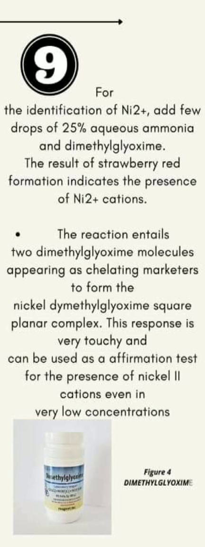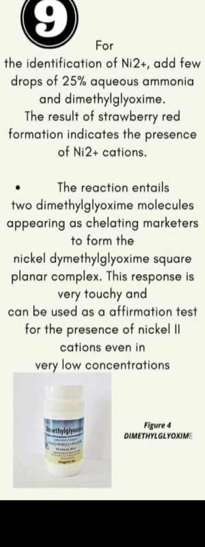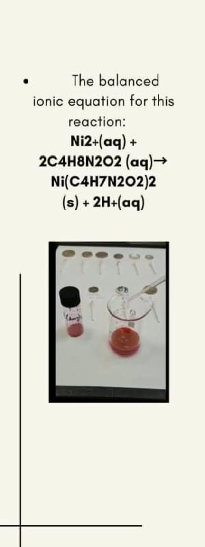The result of a strawberry red formation indicates the presence of nickel cations. The reaction entails two dimethylglyoxime molecules acting as chelating agents to form a nickel dimethylglyoxime square planar complex. This response is very sensitive and can be used as a confirmation test of the presence of nickel cations even in very low concentration.